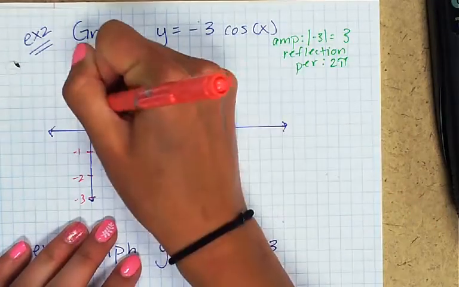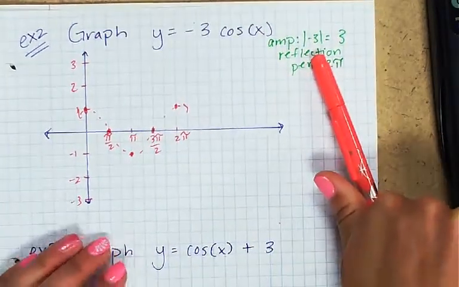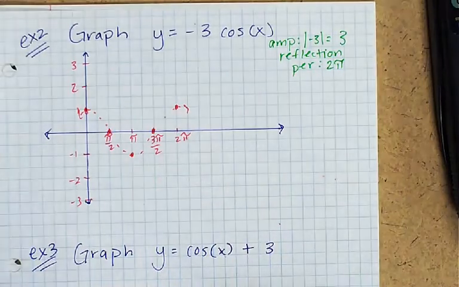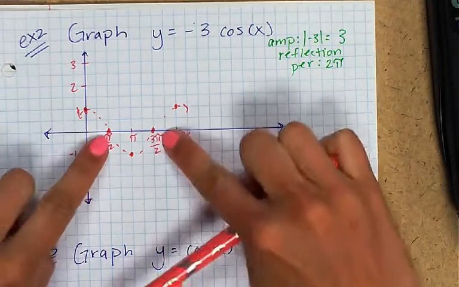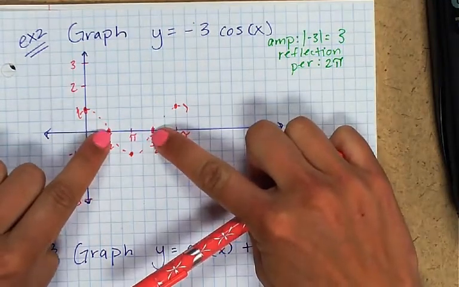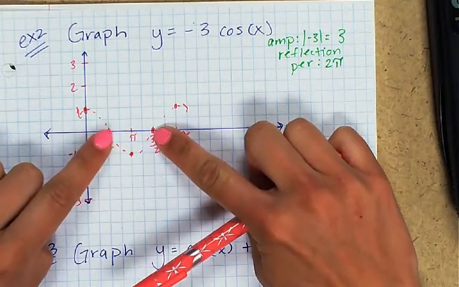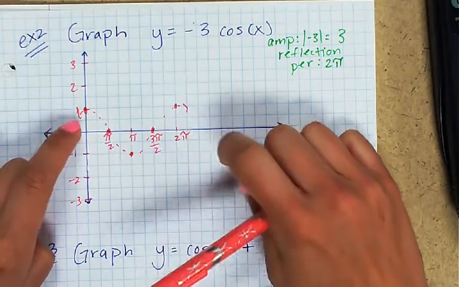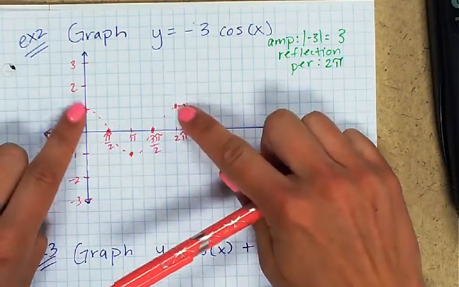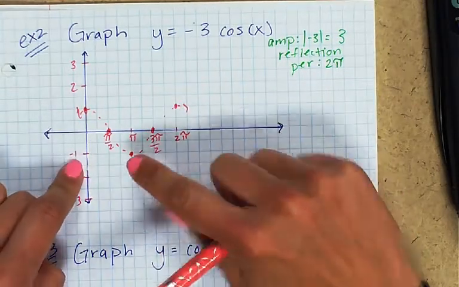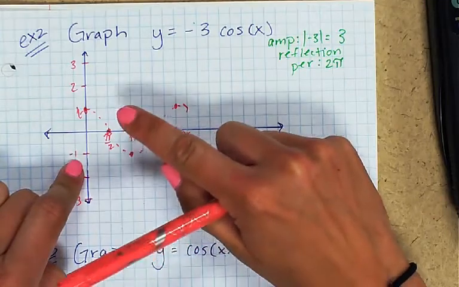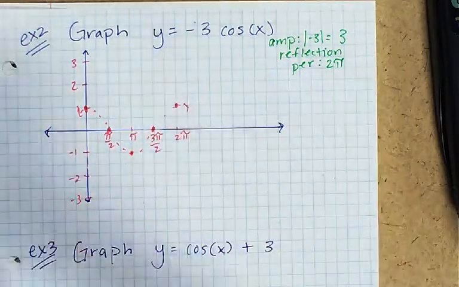Whenever I have a reflection, I usually do another dash graph and then change the amplitude from that. What happens when you have a reflection? Nothing happens with the zeros, because if you're reflecting over the x-axis, they're on the x-axis, so they're not going to change. What's going to happen is your maximums that were up at +1 are going to flip down here to -1, and then your minimum -1 reflects over the x-axis to a +1.